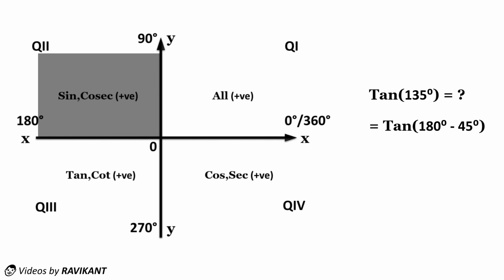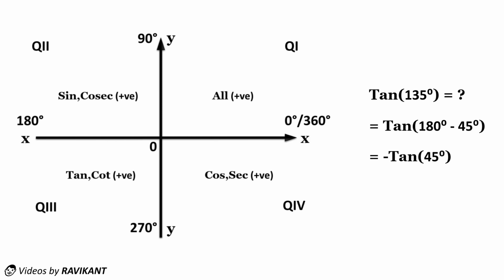So here tan would be negative, and it would remain same because the angle is 180 degree minus theta. So tan 180 degree minus 45 degree is equals to minus tan 45 degree. That is equals to minus 1. So by this method we have also got the value of tan 135 degree is equals to minus 1.